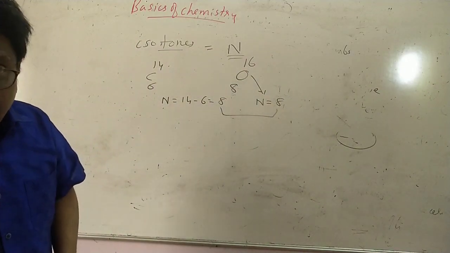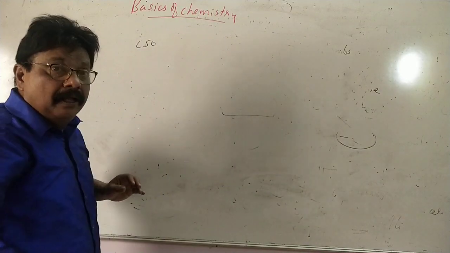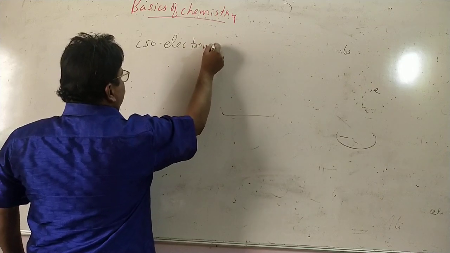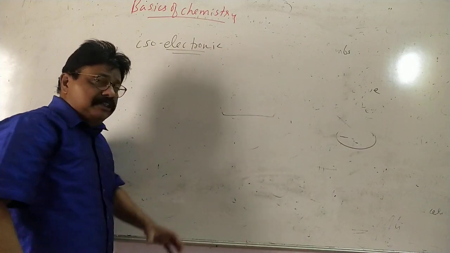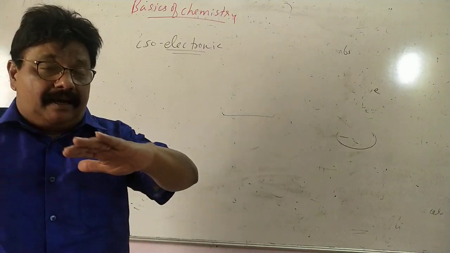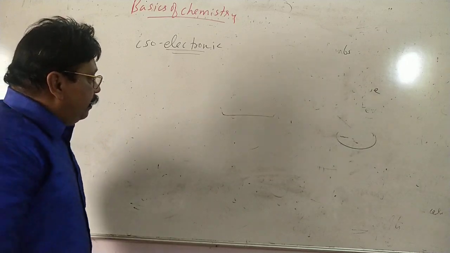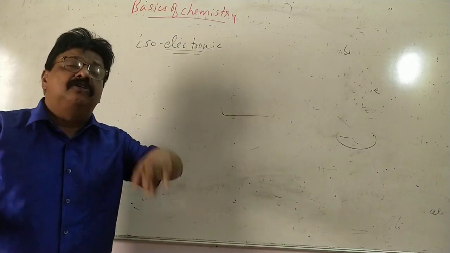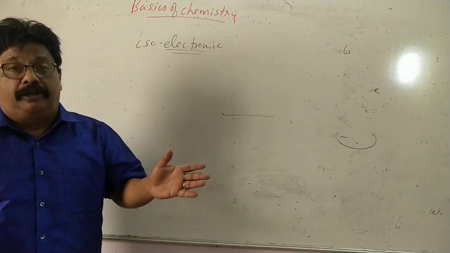Another term we have to learn is isoelectronic species. From the word electronic, you can tell they have the same number of electrons. Take any species, atoms, ions, molecules, compounds, negative ions or positive ions.